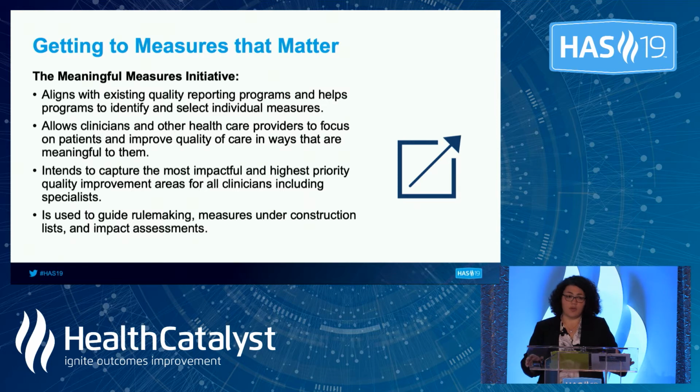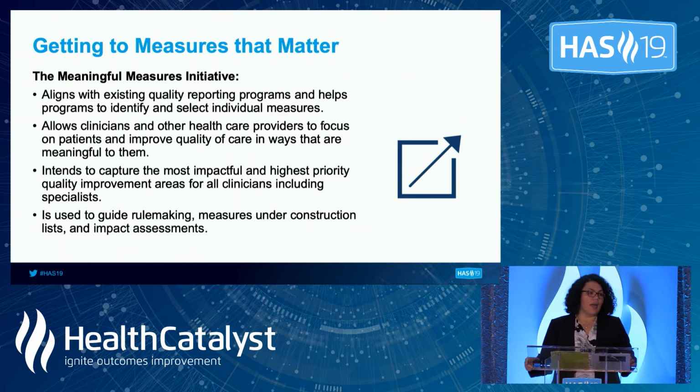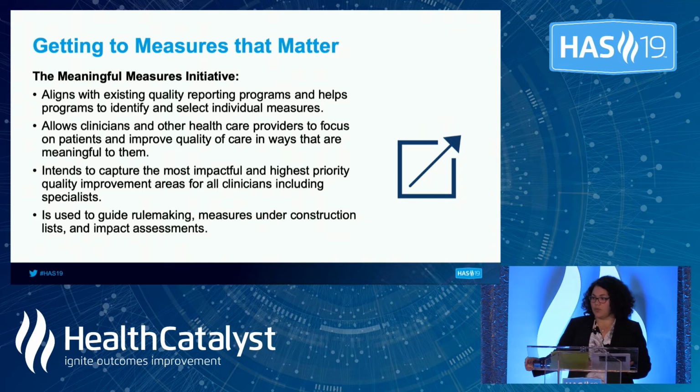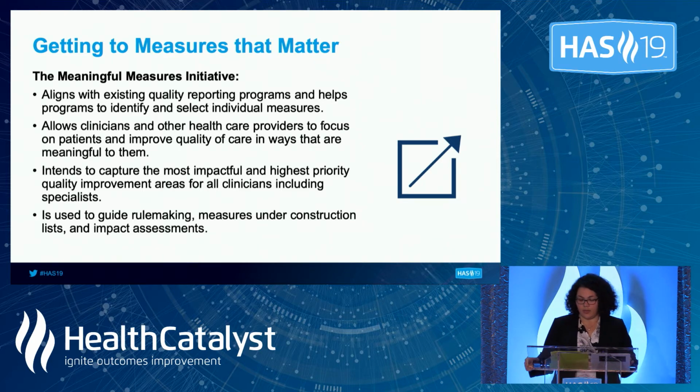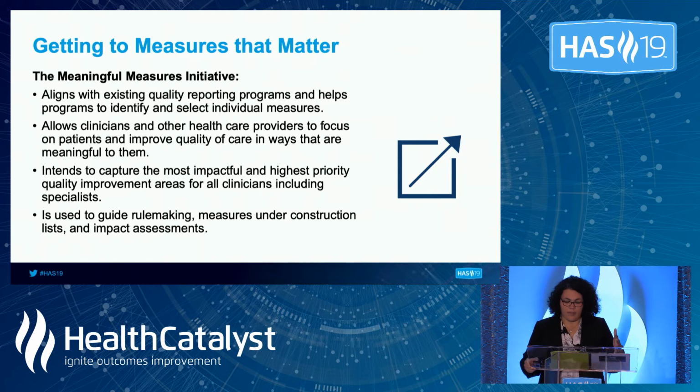We have some initiatives where we bring payers together and try to develop core sets. We hope that we're allowing clinicians and providers to really focus on the patient and improve quality of care. We're hoping that we are capturing what's most impactful and most meaningful to both patients and providers. And like I said, really using this as a guide for rulemaking, our impact assessments, et cetera.